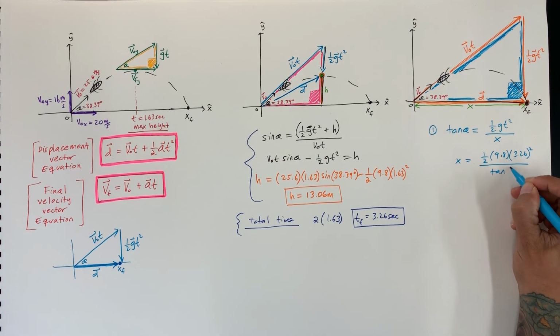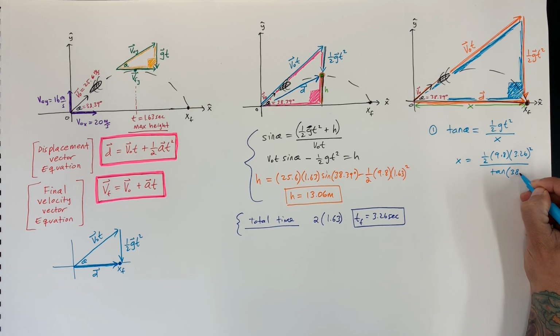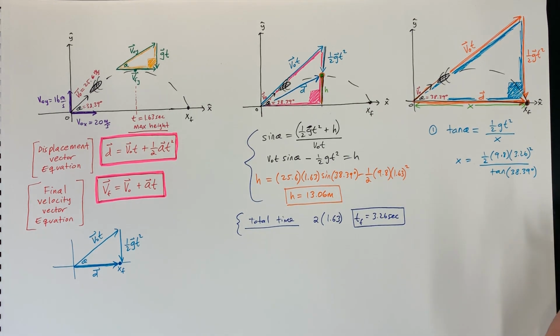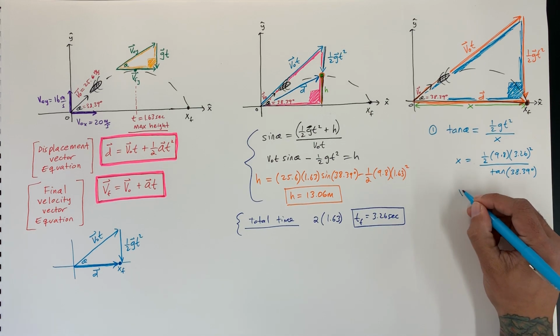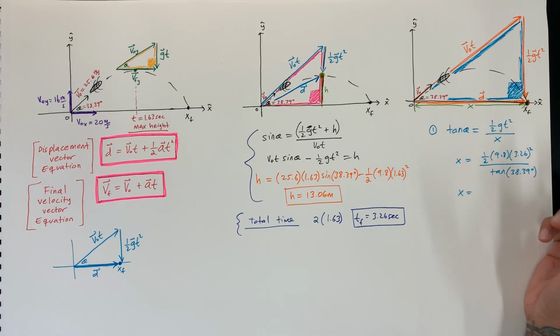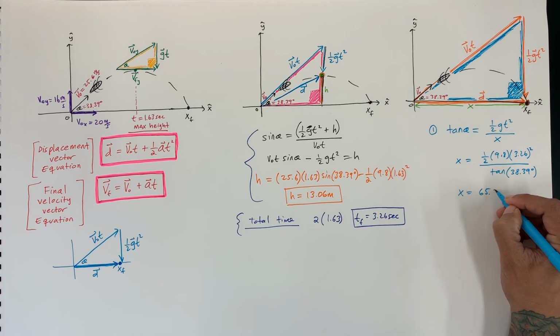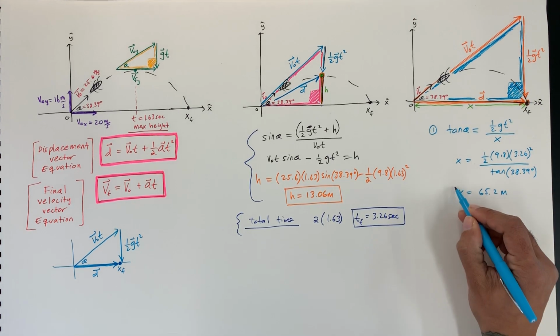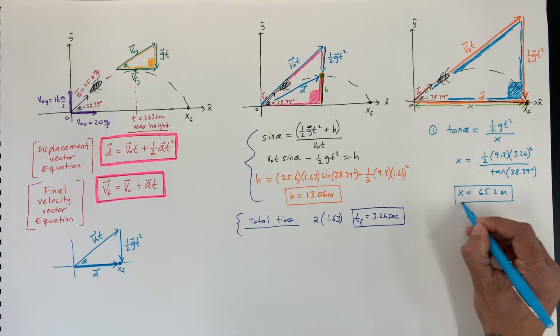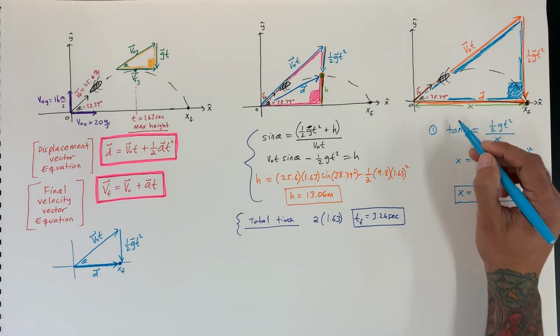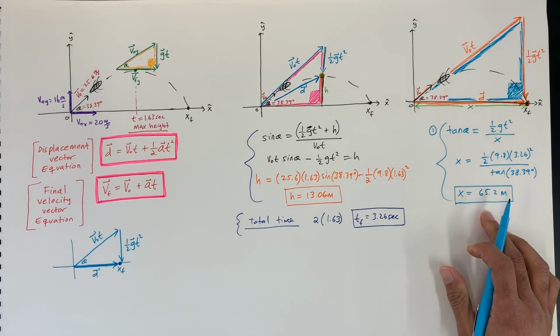That's tangent of 38.39 degrees. Perfect. So put that in your calculator. That should come out to 65.2 meters. Nice. So this is one way to do it.